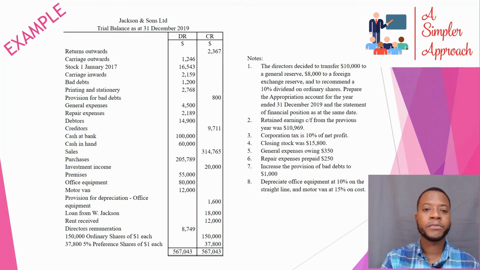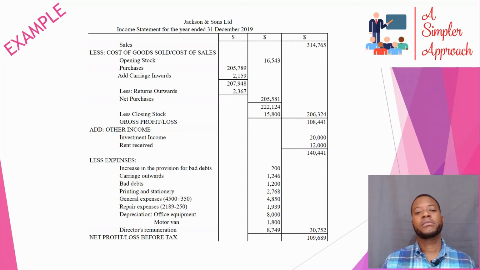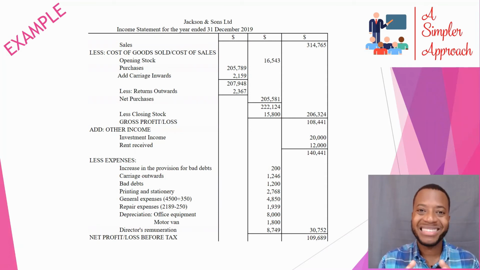Now, for the income statement, this is what it would look like. This income statement is not filled with a whole lot of examples, but what was shown to you before is the full example. Let me tell you point blank: every question will not be the same.